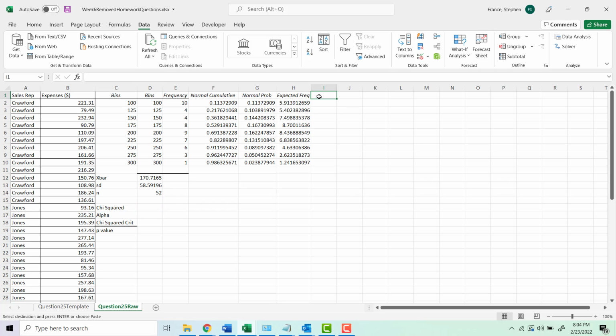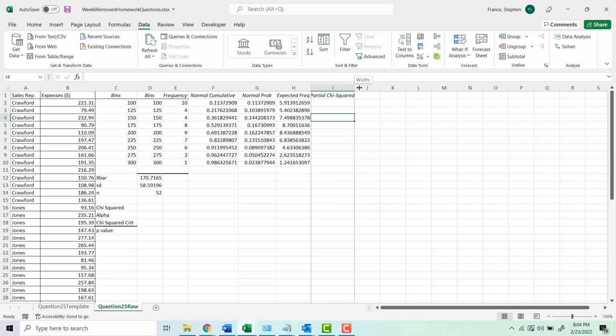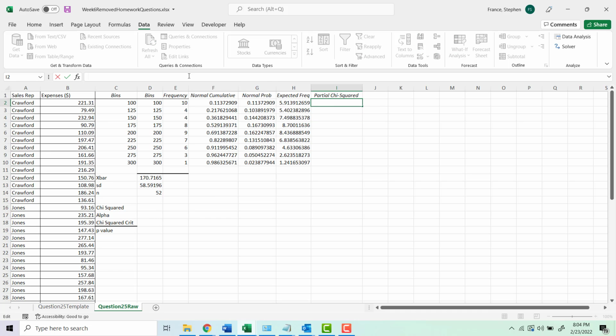So the chi-squared is basically, I'm just going to do the partial chi-squared for each row. Okay, so that's going to be based on the formula. And this is the formula.